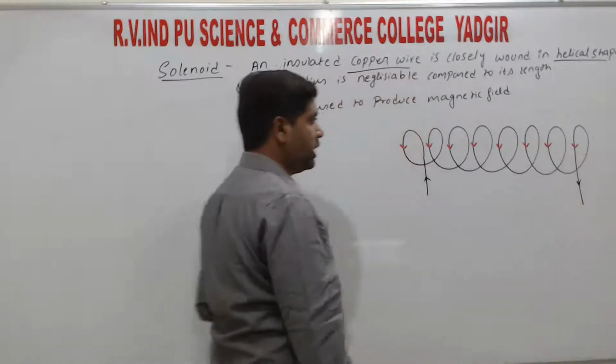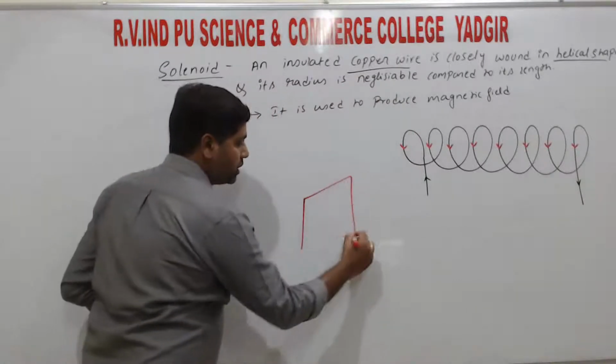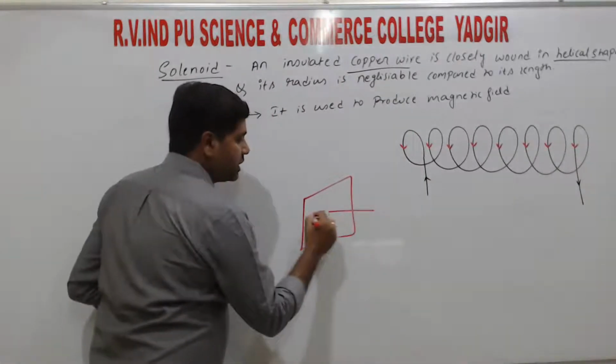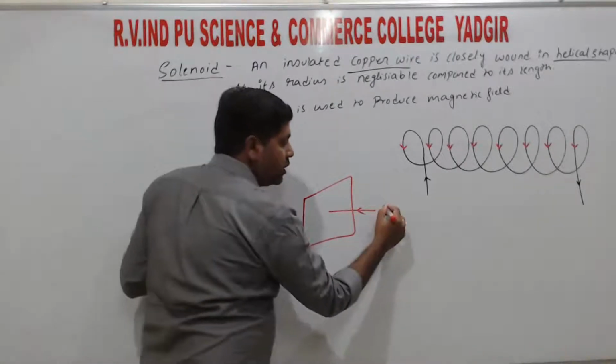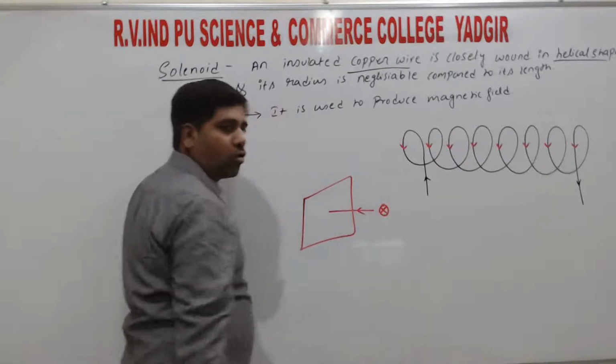If we consider a plane of paper, current going inside the board or the plane of the paper is denoted with the cross symbol.